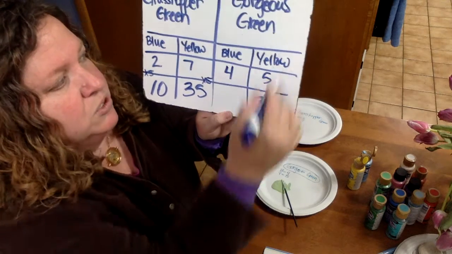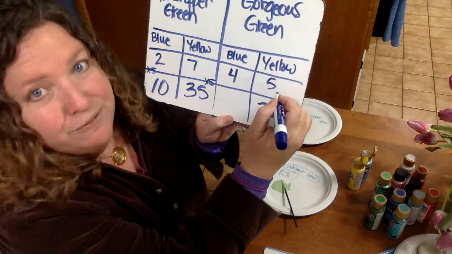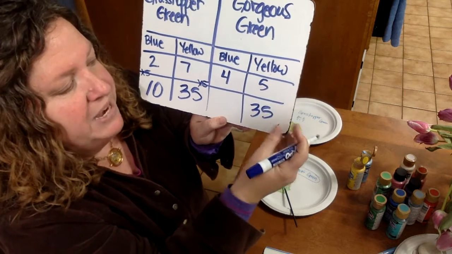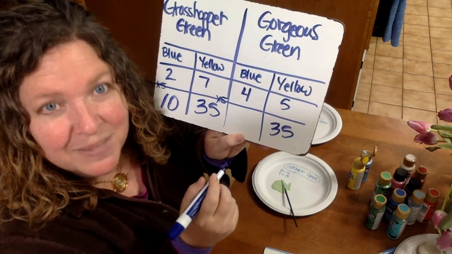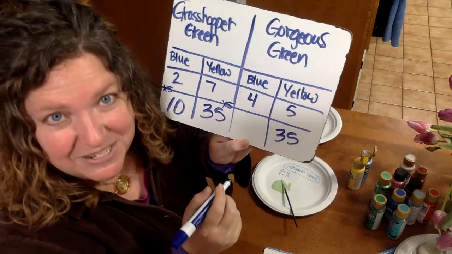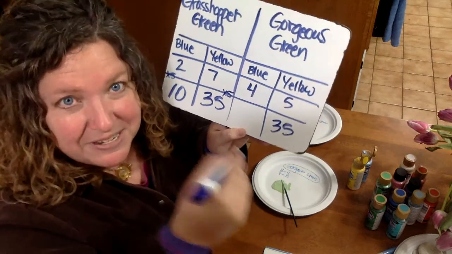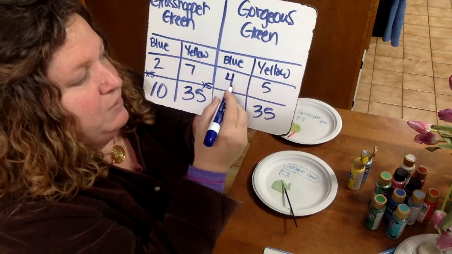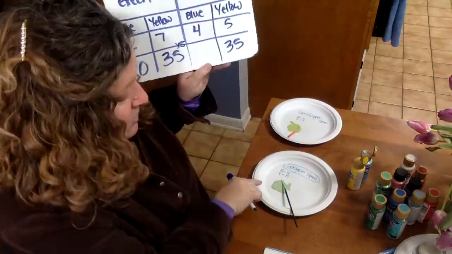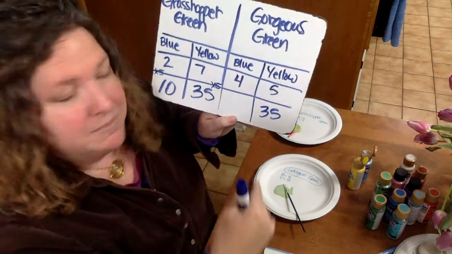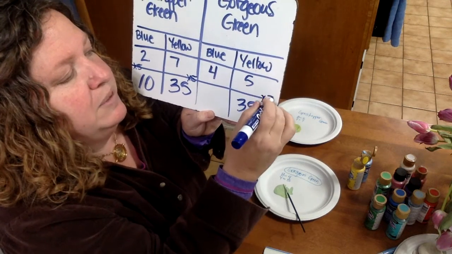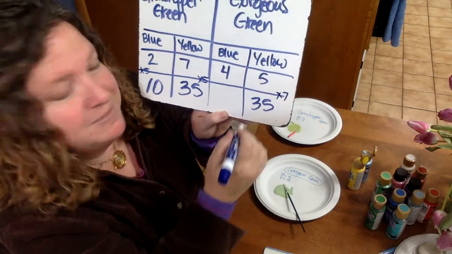Now, let's look at gorgeous green. We had 5 drops of yellow, but we want to get it to 35. How do we get from 5 to 35? We'd have to do 7 different recipes, wouldn't we? 7 times over. The same ratio, 4 to 5, but instead of just this little one with 4 and 5 drops, we'd have to do it 7 times. So we multiplied the yellow. 5 times 7 is 35.